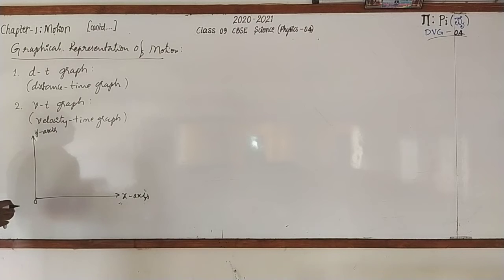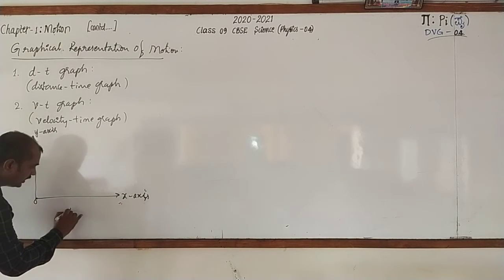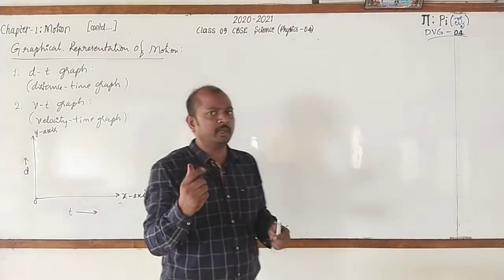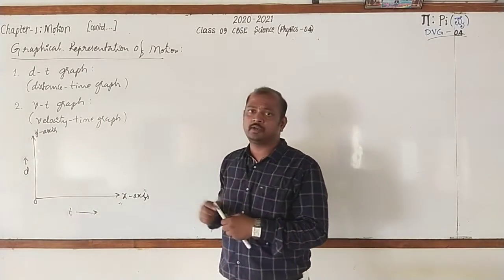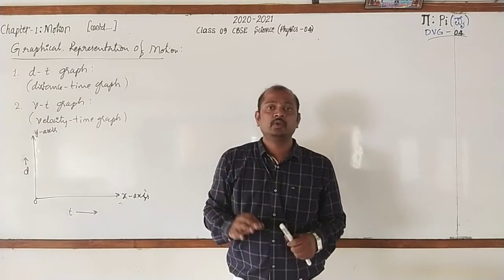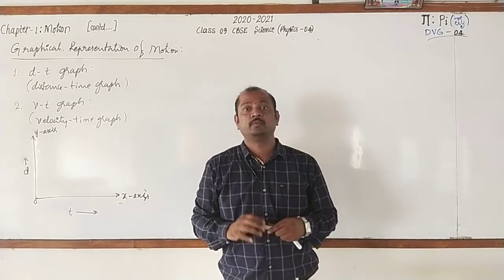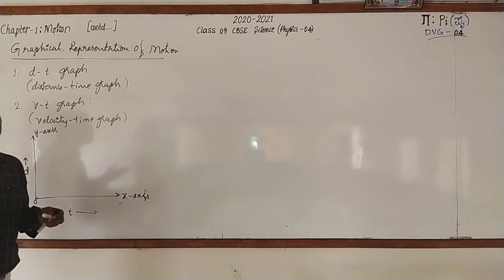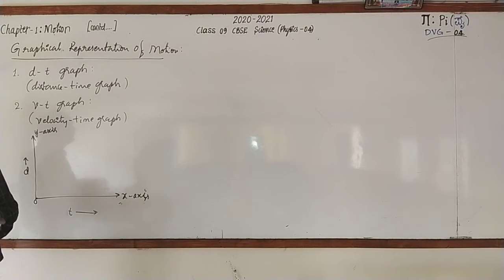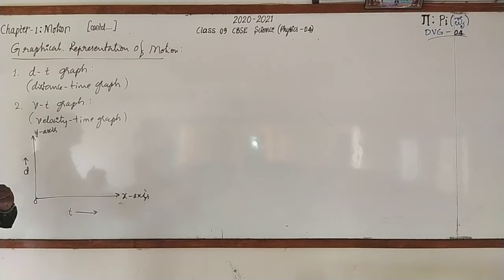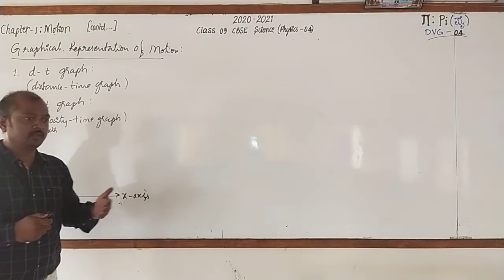In case of dt graph, we take time along x-axis, distance along y-axis. You may be thinking, why should we take in that order only? Among these two, which is independent? Time is an independent physical quantity, so it will keep on running, whereas distance will be varying.